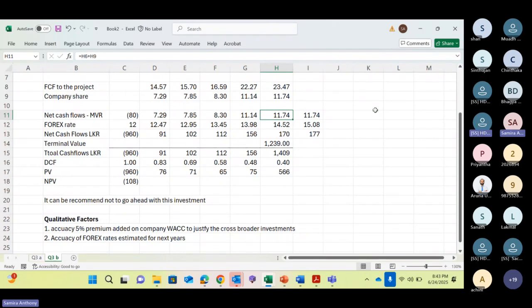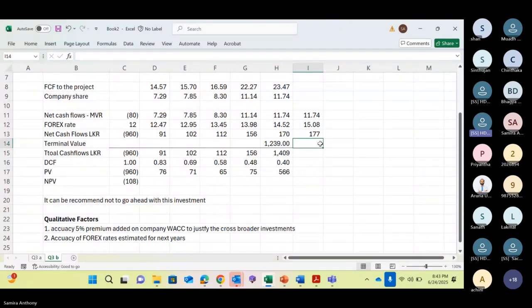But when it comes to Sri Lankan rupee, it will increase by 5%. Now, this is the 6th year exchange rate. Based on that, this will be the value. This will increase by 5% every year. That's why we calculated this and put 1.05.